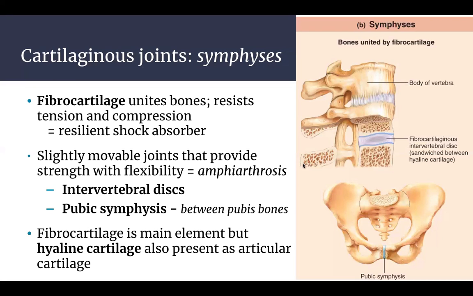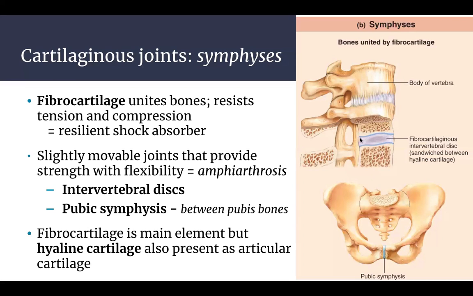And this is what we see here when we're looking at the vertebral column. Here are the bodies of the vertebrae stacked up. And here we're seeing it cut through in a cross section. So here are our intervertebral discs that are sandwiched between each body in the vertebral column. And this disc is made of fibrocartilage.